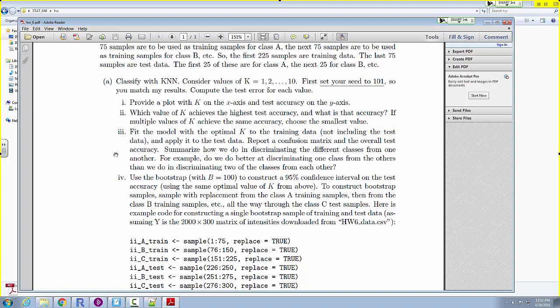But if not, what you need is to fit the KNN model with all of the training data, all 225 samples, not the test data. So this is just the model on the training data for the value of K that you picked. And then apply that to the test data to get predictions and report a confusion matrix. So confusion matrix is a cross-tabulation of predictions and truth.